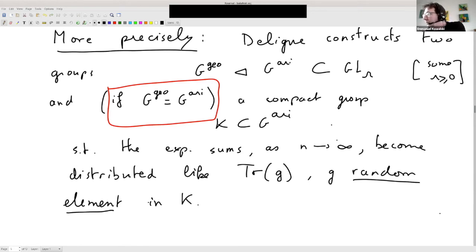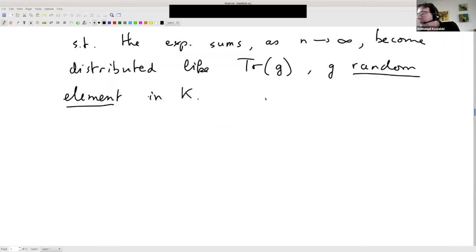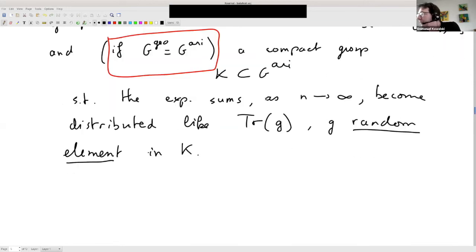And it does not tell you precisely what the equidistribution statement is, because obviously that will depend on this group capital K. But it is still very strong, even from an abstract point of view, because it says the limiting measure, the way the exponential sums occur, cannot be an arbitrary measure on the complex numbers. It has to be the traces of random matrices in some compact group, which is a very, very restrictive type of condition.